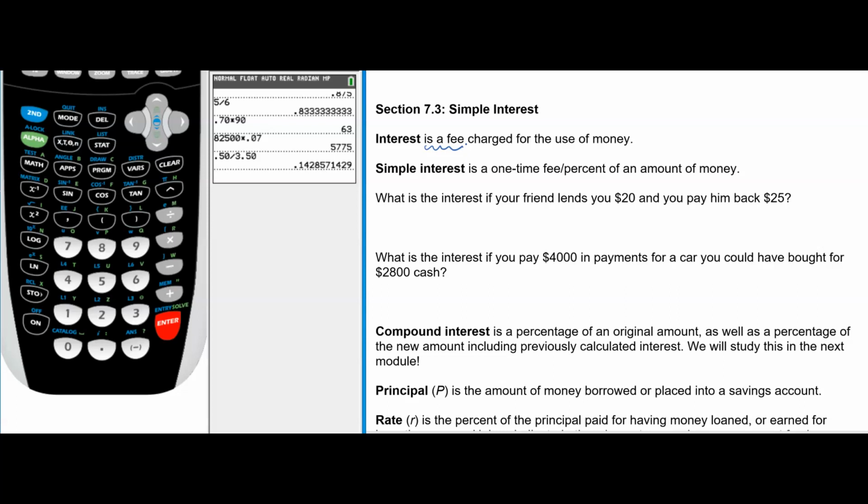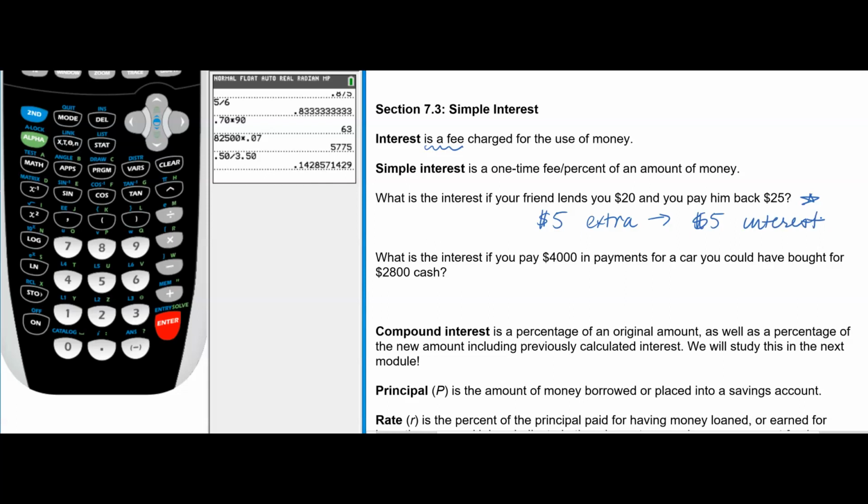So let's do this example right here. What is the interest if your friend lends you $20 and you pay him back $25? Well, if they lend you $20 and you paid him back $25, there was $5 extra. So that's $5 that you had to pay in interest.